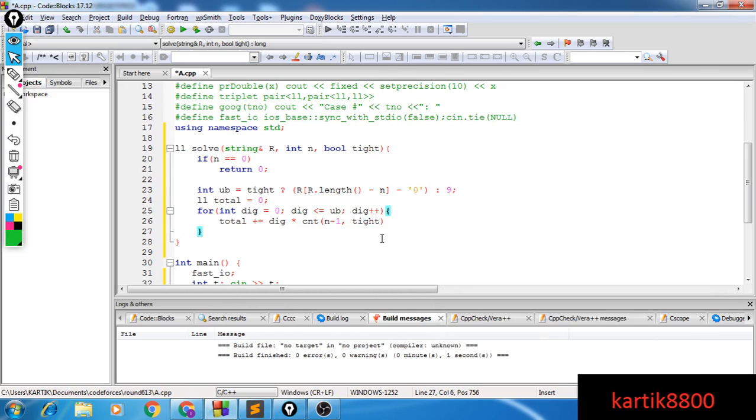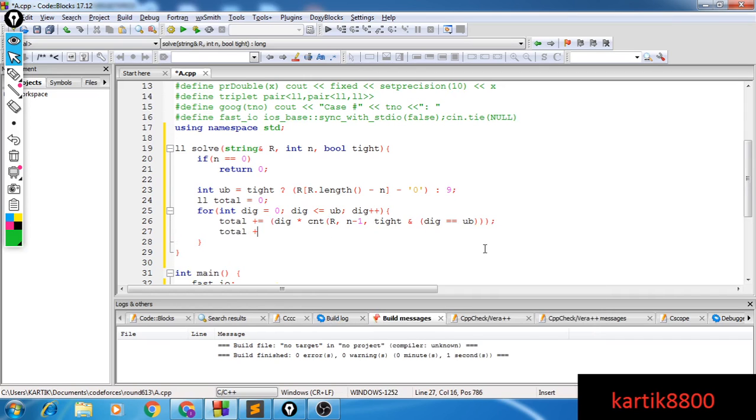That will be specified by the variable tight and pass in R. Now if tight is 0, then in that case you will never have to pay regard to R. The only case in which you have to pay regard to R is that tight is already 1 and the digit that you place at the current position equals UB. So if tight is 1 and digit equals UB, in that case you have to pay regard to R. Okay, otherwise you're good. This is the contribution made by this particular digit if you put it at this position.